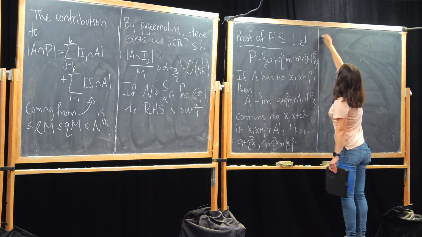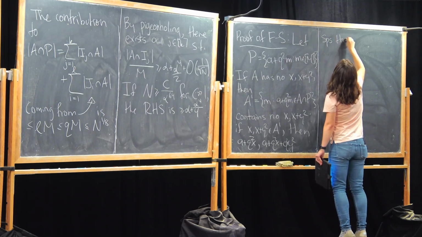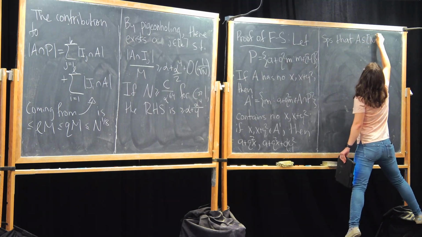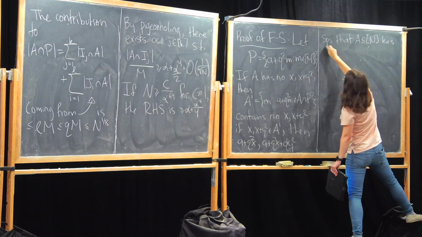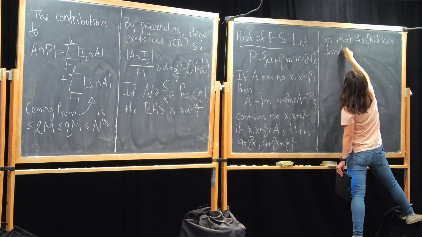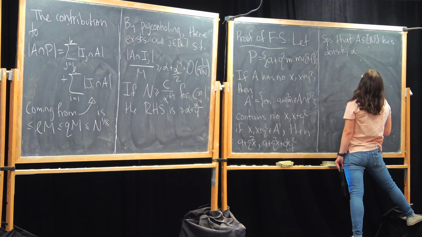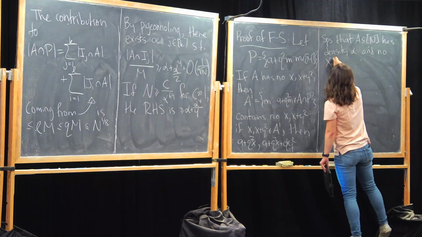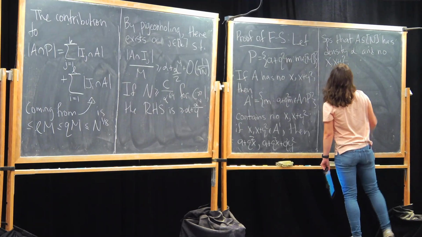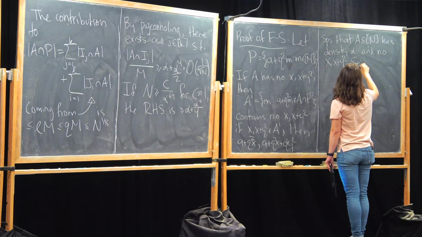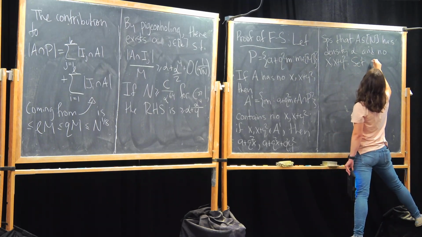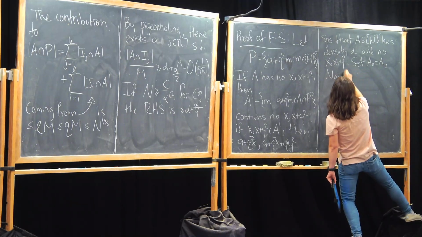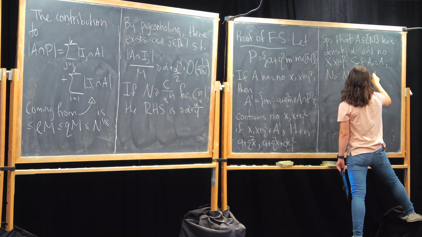Let's suppose that A is a subset of the first n integers, and it has density alpha, and no non-trivial square differences, x plus y squared. Then let's set A naught to be A, n naught to be n, and alpha naught to be alpha.